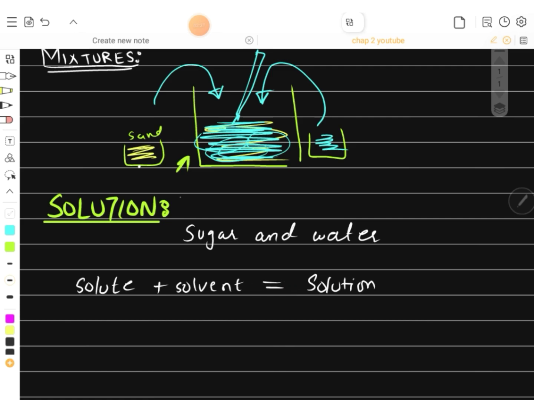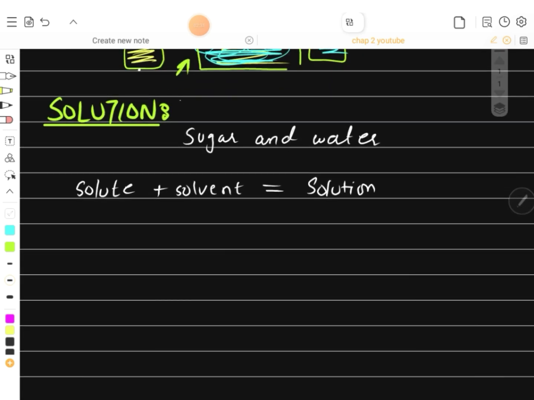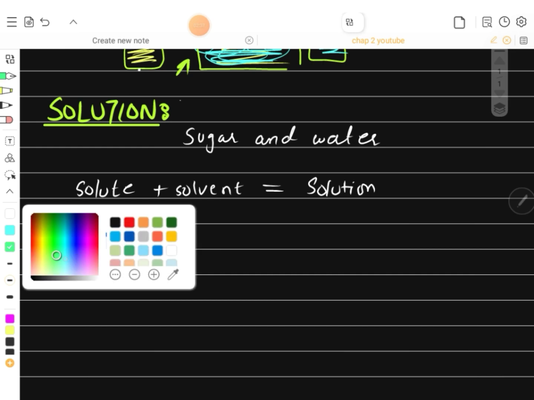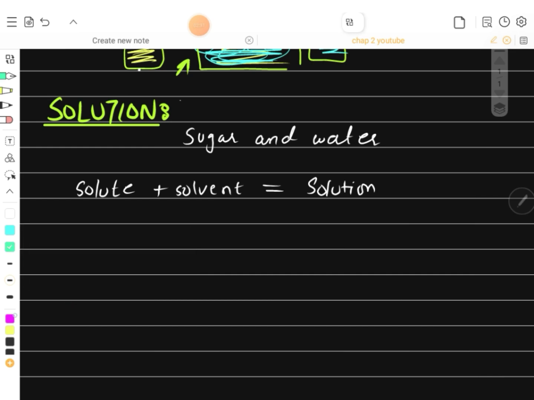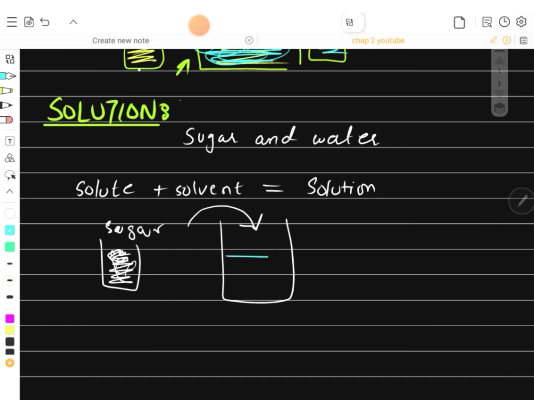Okay, and after that we are going to show you by an example. Messed up the colors. So on the right hand we have our sugar pot. This is our sugar, and we mix it in a container filled with water.